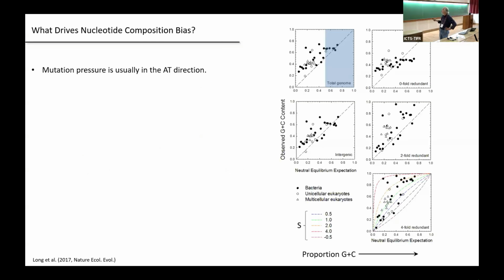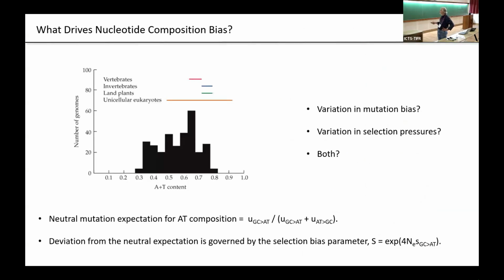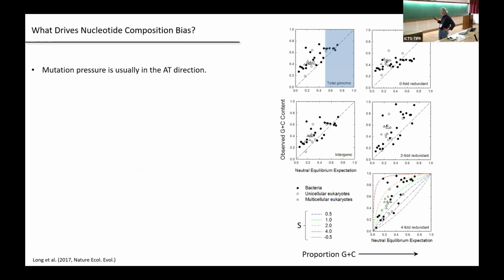So let's just focus on the top panel here. Just to back up, for all these bugs, we first calculate the neutral expectation. That's the nucleotide composition that we'd expect if selection weren't operating. And so this is what we have for a whole bunch of bugs. Some are bacteria, some are unicellular eukaryotes, and some are multicellular eukaryotes.